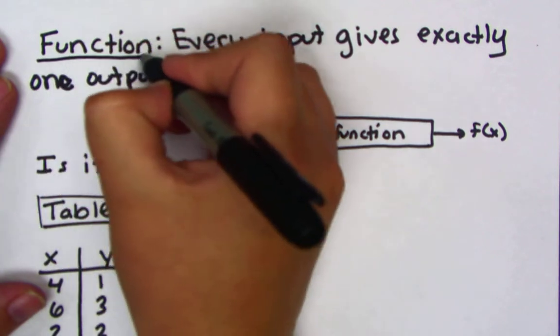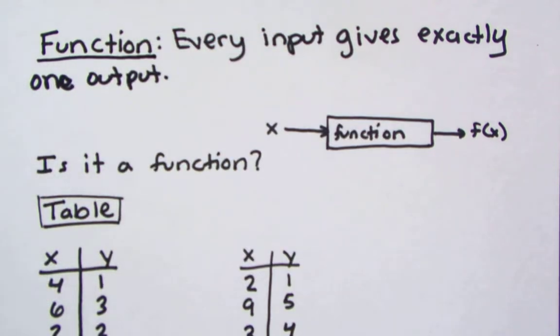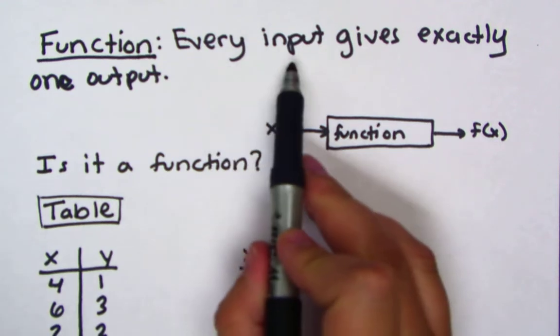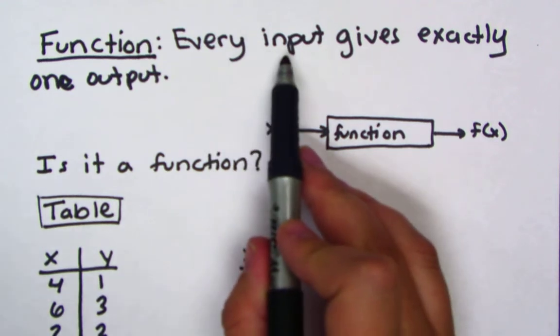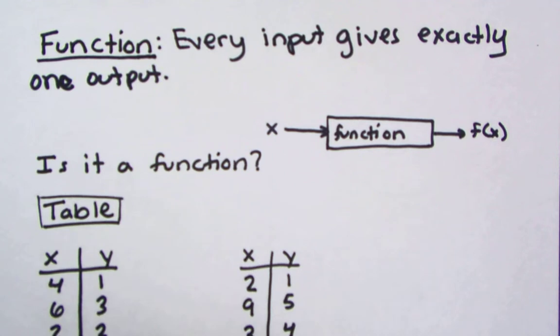If you put something into the relationship and it gives you more than one different answer, then that relationship cannot be called a function. In order to be a function, every value you put into the function can only produce one output.